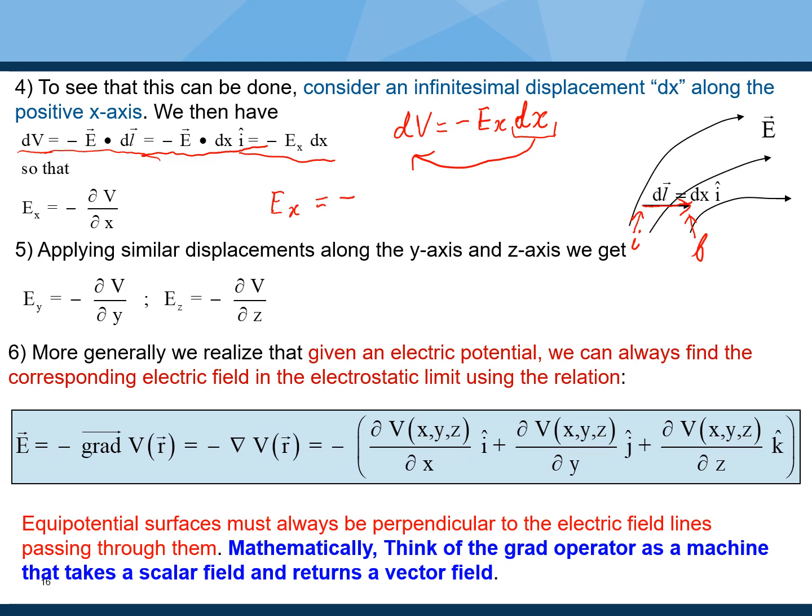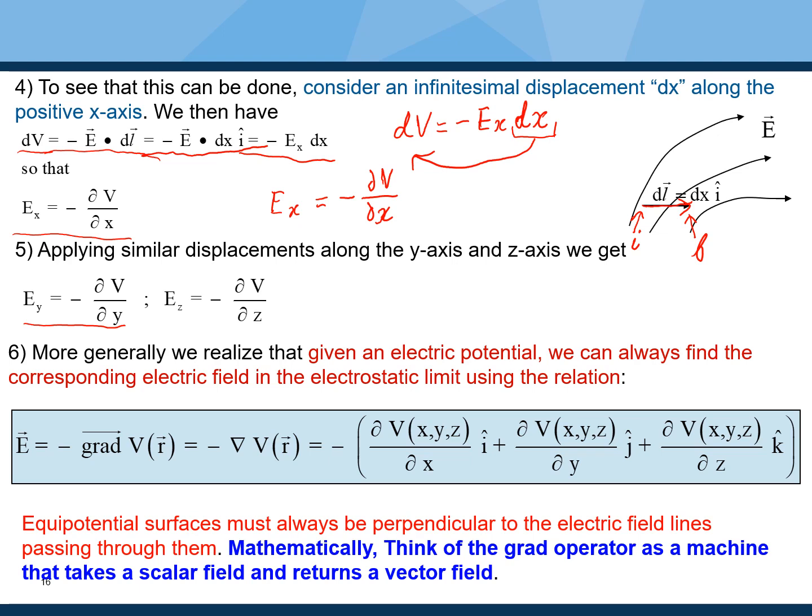And so here we've specifically made a displacement only in the x direction. So we should take, in fact, dV by dx. We can correspondingly make displacements in the y direction and in the z direction, and therefore we can obtain the electric field in the y direction as being minus dV by dy, where of course the dV by dx and the dV by dy are to be taken as partials.